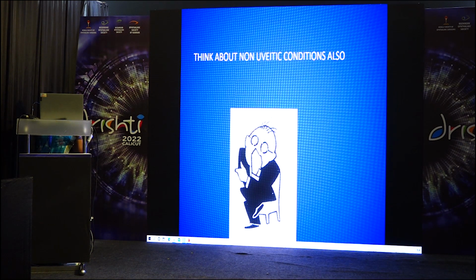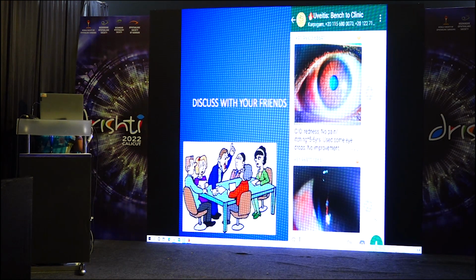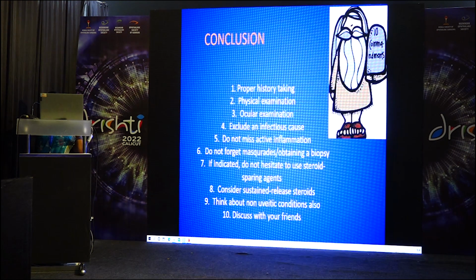And also think about non-uveitic conditions. This was a choroiditis-mimicking picture, but later turned out to be multifocal CSR. So investigations help in some special conditions. And what to do after all investigations, still not getting a diagnosis? Discuss with your friends. It may help you in getting more ideas.